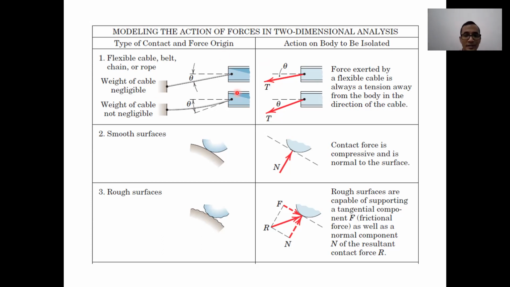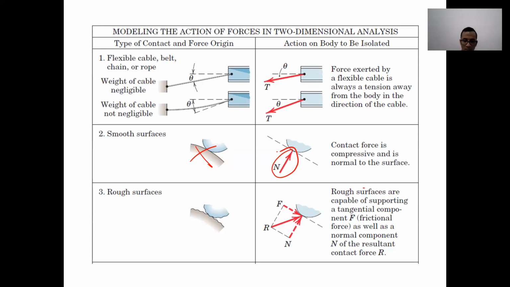Next one, smooth surface. This is the system that we want to draw: only the part of the sphere here. If it's a smooth surface, then to draw the free body diagram of the sphere, we draw the sphere, and the smooth surface there we replace with a vertical normal force, like that.